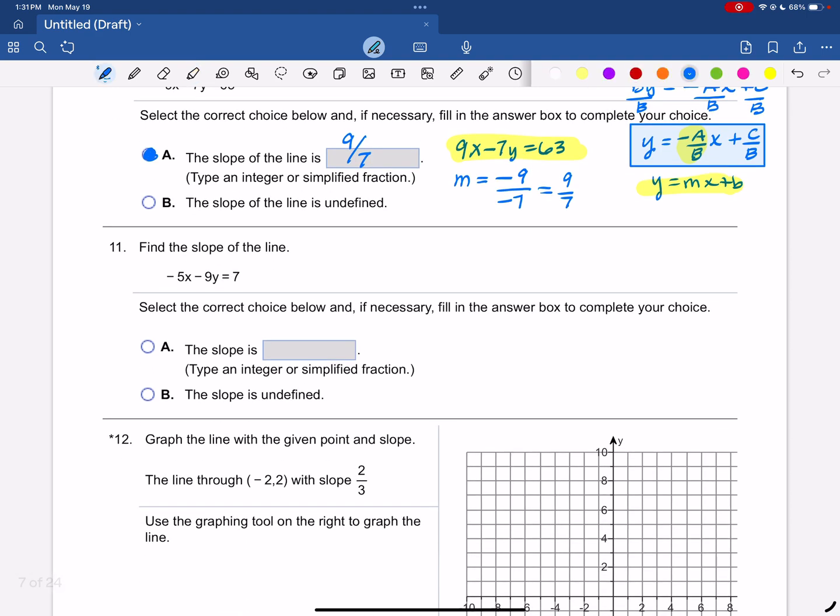So here I have a slope of the opposite of a. So the opposite of negative 5 is 5 over exactly b, which is negative 9. So my slope is negative 5/9.